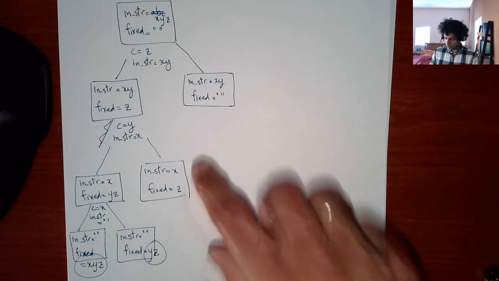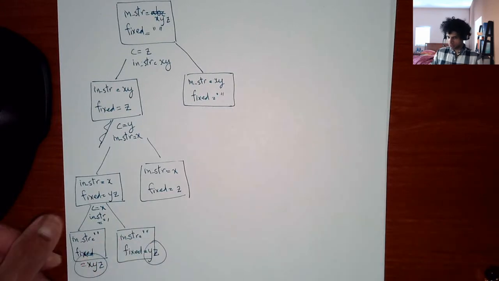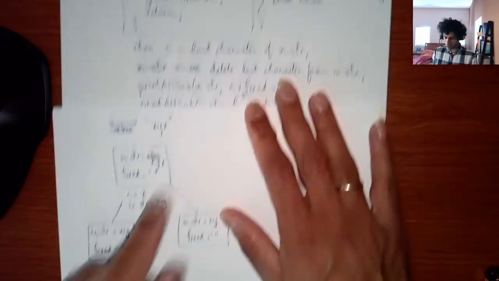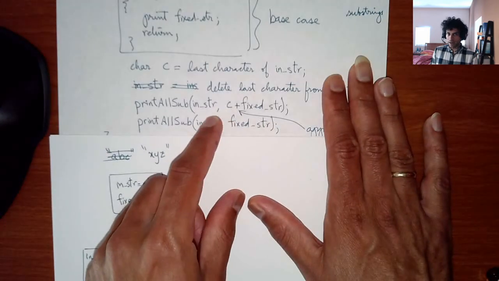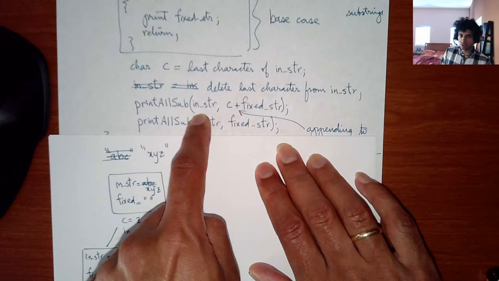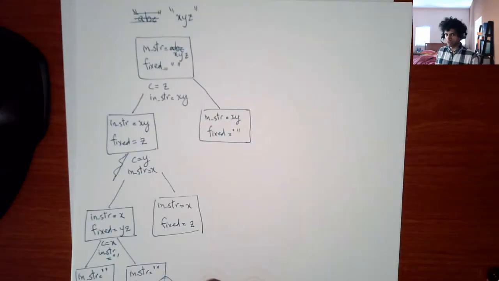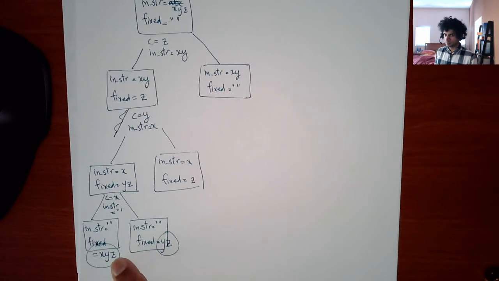Right, but once this happens, this is a base case now, because the input string becomes empty in this call, you delete, and then you go in here, but for this child call, the input string is now the same as the deleted input string, right?